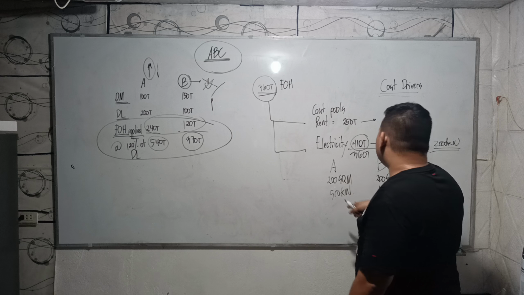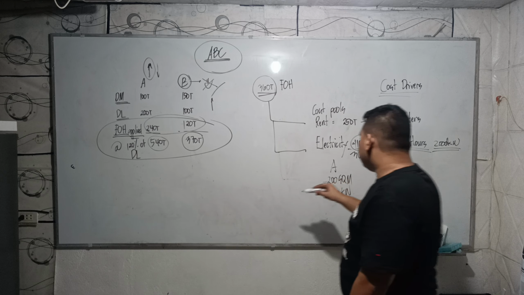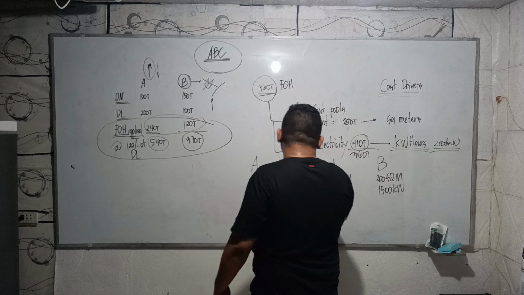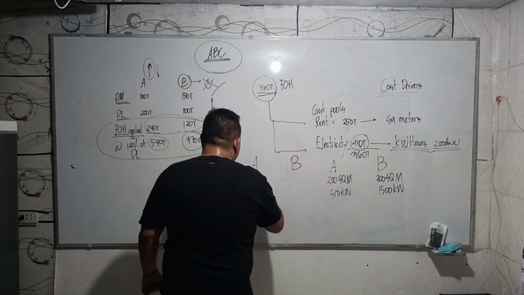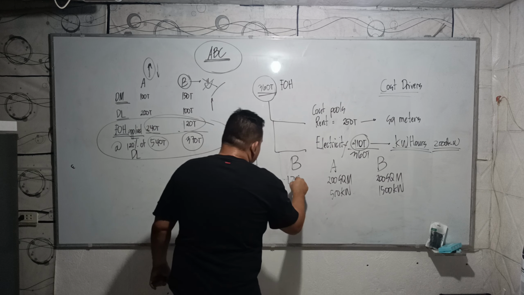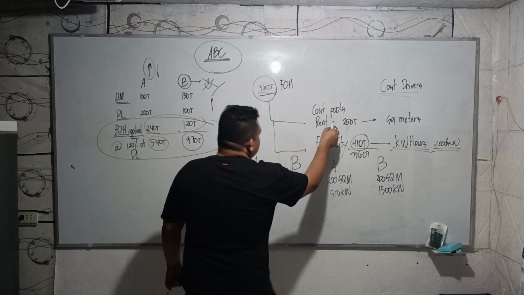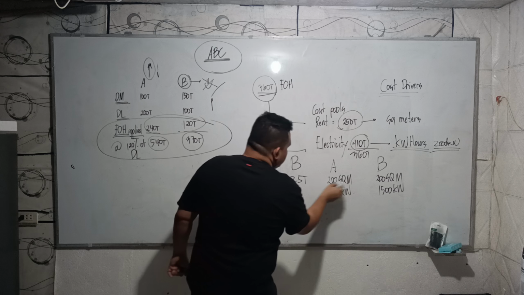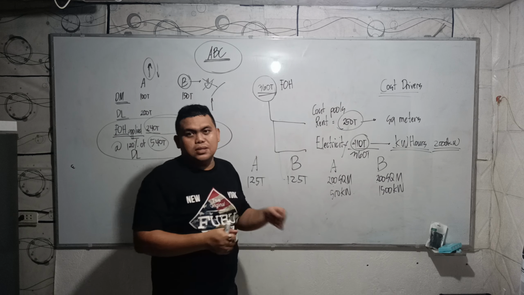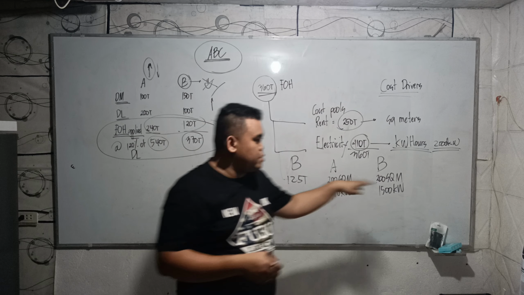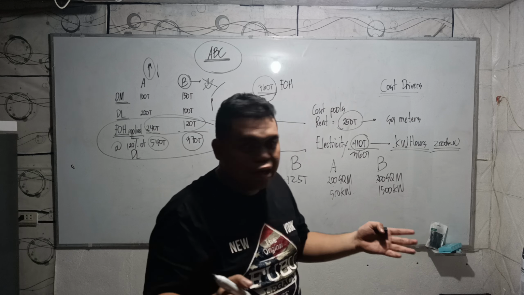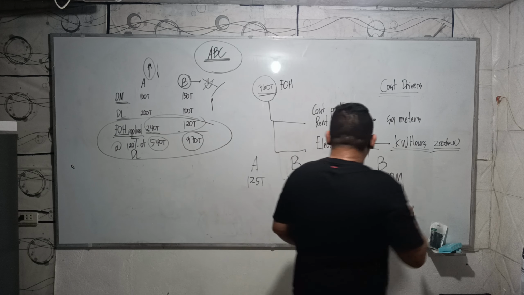Okay? So if we're talking about rent, A should have 125,000. Because on the 250, both of them occupy the same amount of square meters in space. Okay? How about the other one?